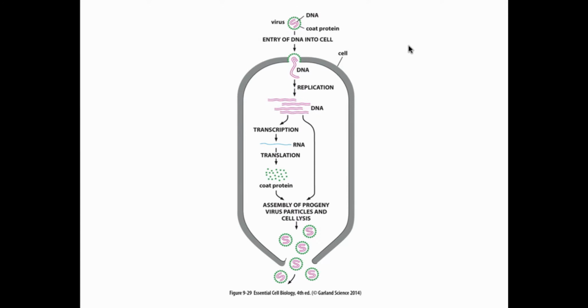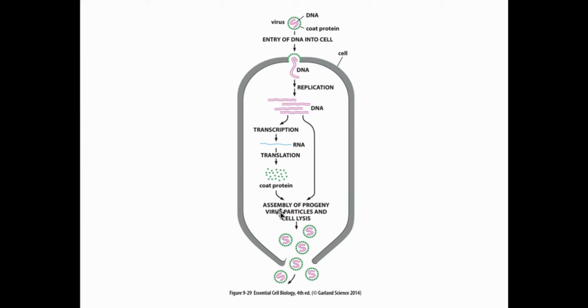This figure here depicts the life cycle of a simple double-stranded DNA virus such as smallpox. The virus exists in two phases, one outside the cell and the other within the cell. The life cycle entails the entry of the DNA of the virus into the cell.